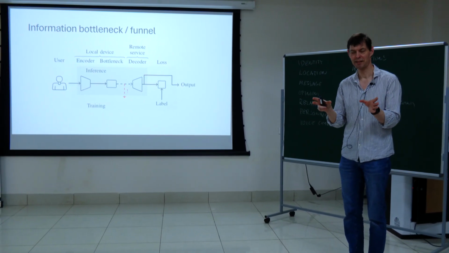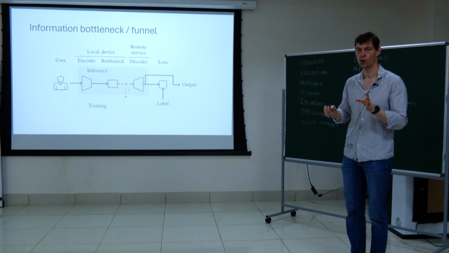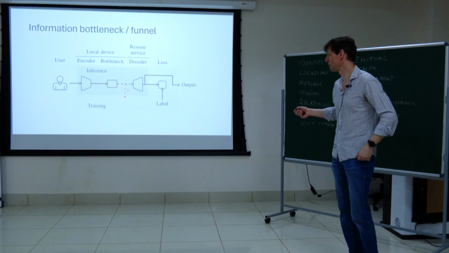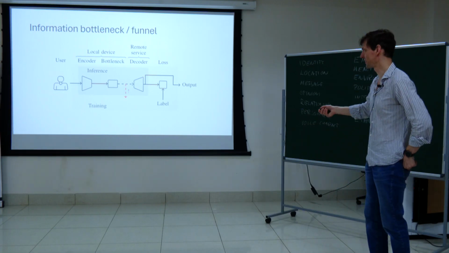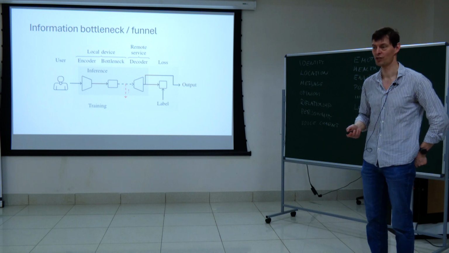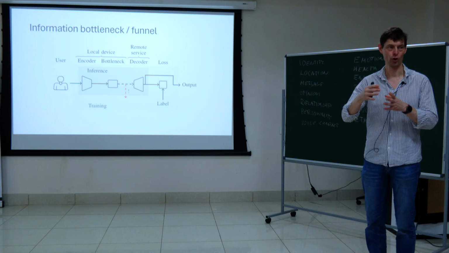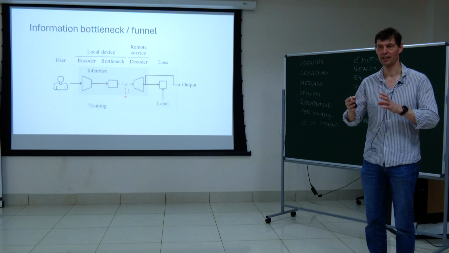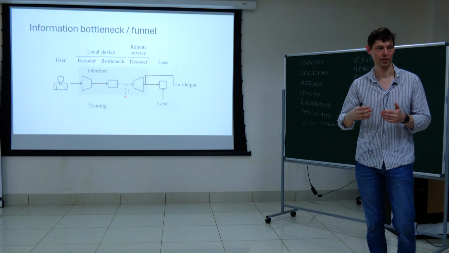If the intended bit rate and the bottleneck bit rate match, then we are sure that only the message can pass through, assuming that the quality at the decoder side is good enough. Of course, we can sometimes lose accuracy. The message gets distorted, and that's then a hint that also some private information is leaking through.